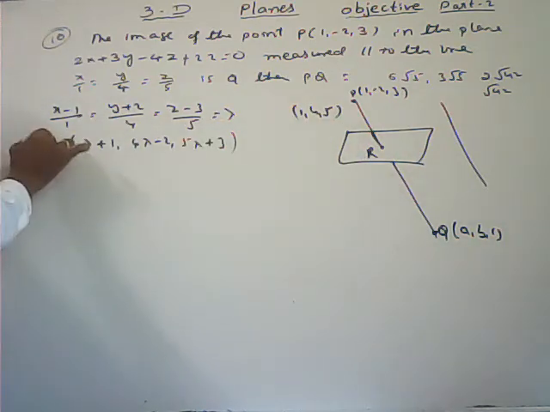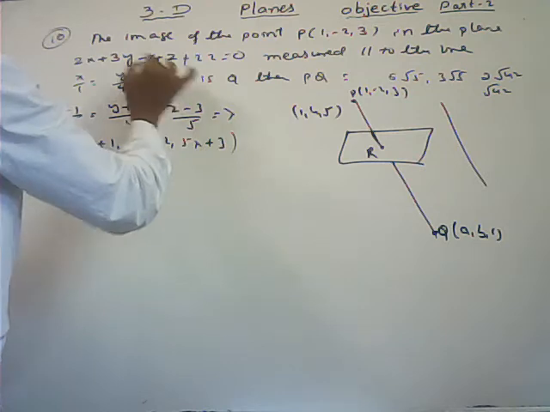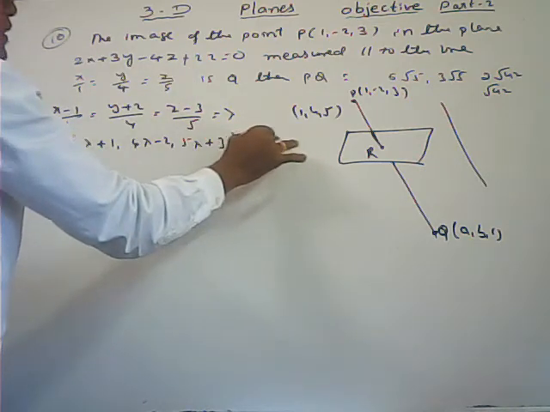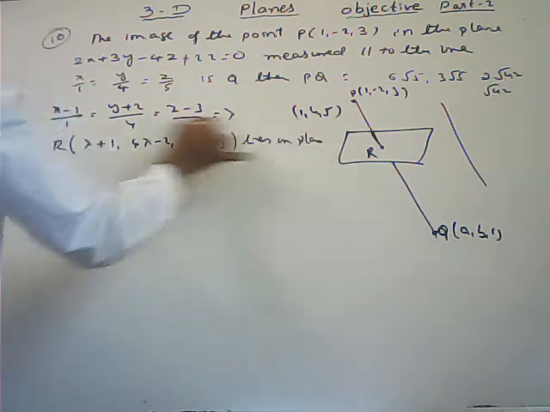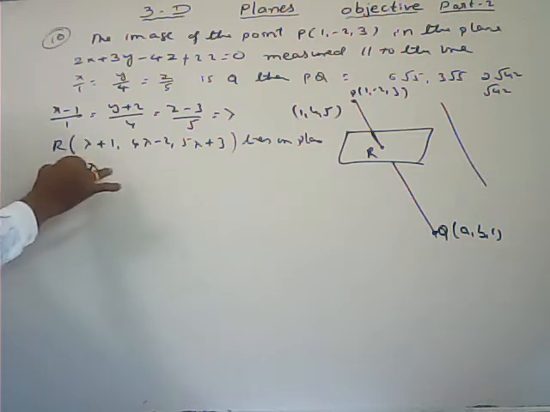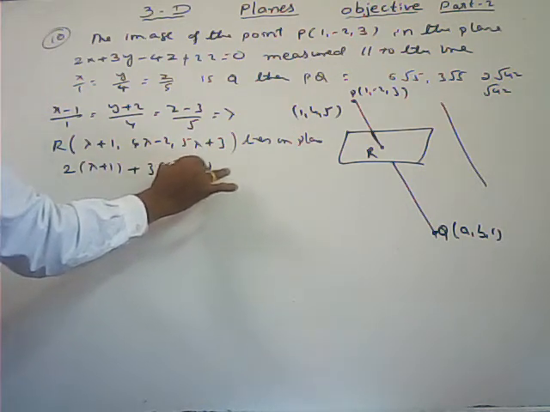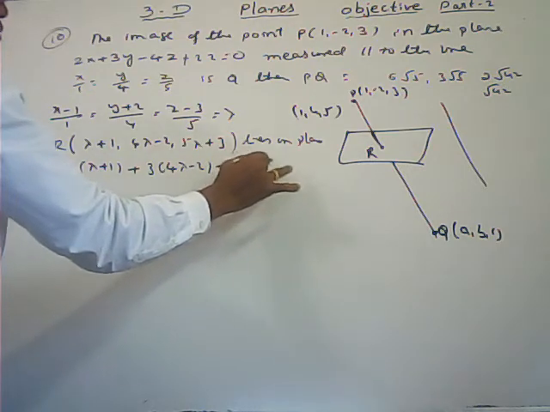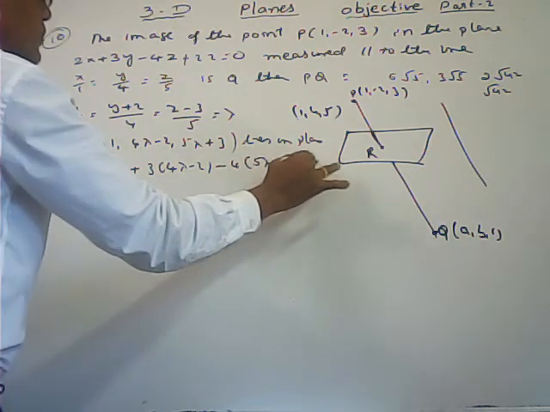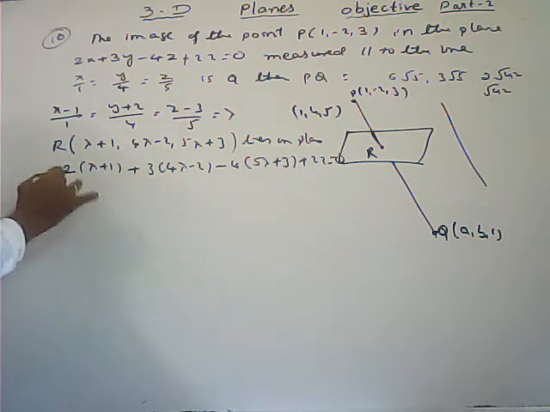Here this point I am considering is R only. That R lies on the plane. So 2(lambda + 1) + 3(4 lambda - 2) - 4(5 lambda + 3) + 22 = 0.